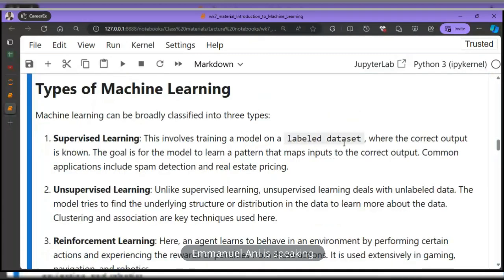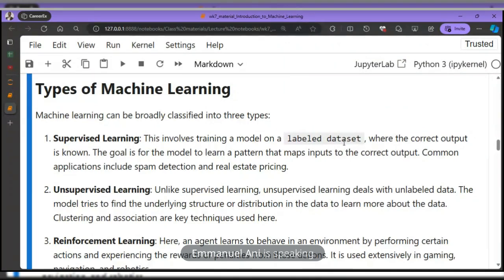Now, why we call it supervised is because as we are training the machine, during training, we are also telling it the answer. That is just what supervised is. We are telling it the answer as we are training it. So it is able to learn the answer of your maybe data.